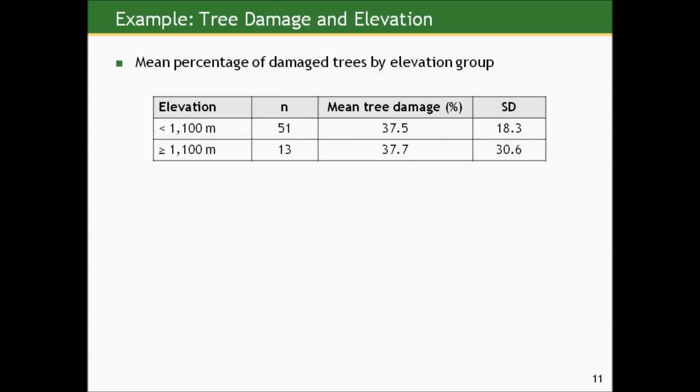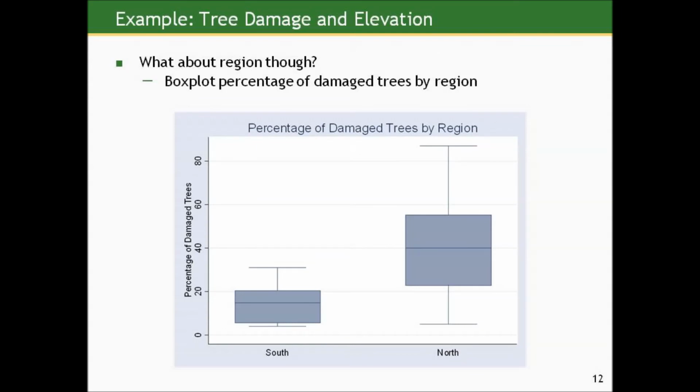So the mean difference in percent of damaged trees for sites at higher elevation compared to sites at lower elevation is 0.2%. And the confidence limits certainly include 0 and are pretty much equally balanced around 0, negative 18.8% to 19.2%. So at least using the mean as a summary measure, there is no statistical association.